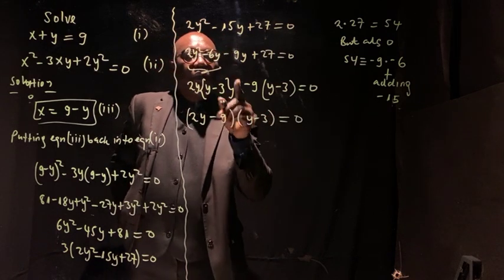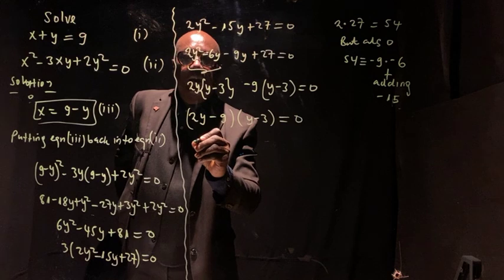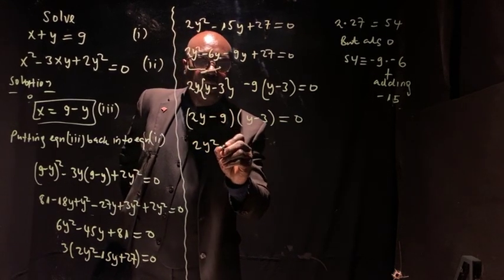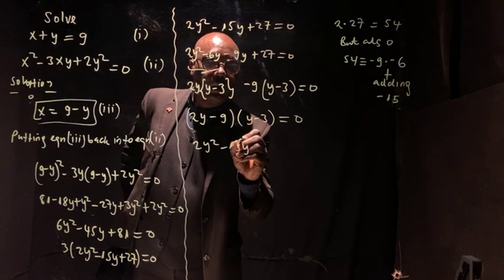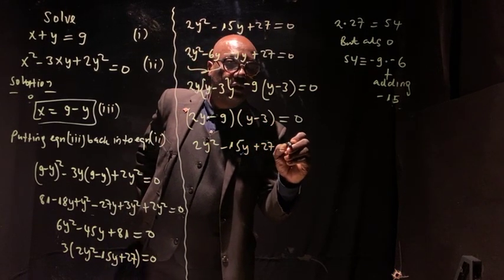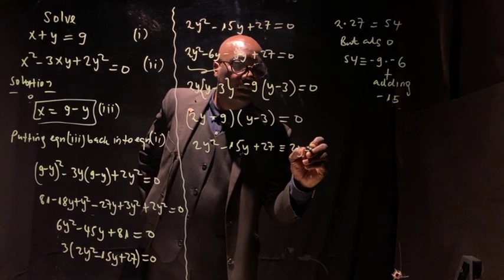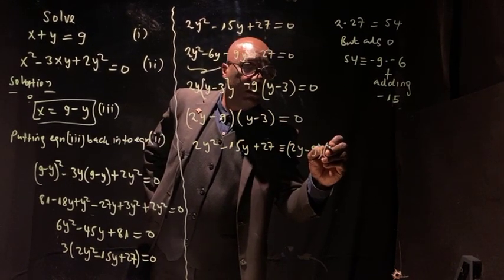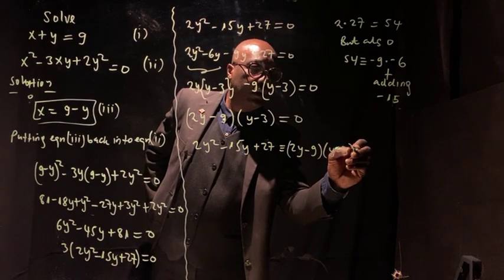Now, we can say that the expression 2y squared minus 15y plus 27 is very much identical to 2y minus 9, y minus 3 equals 0.